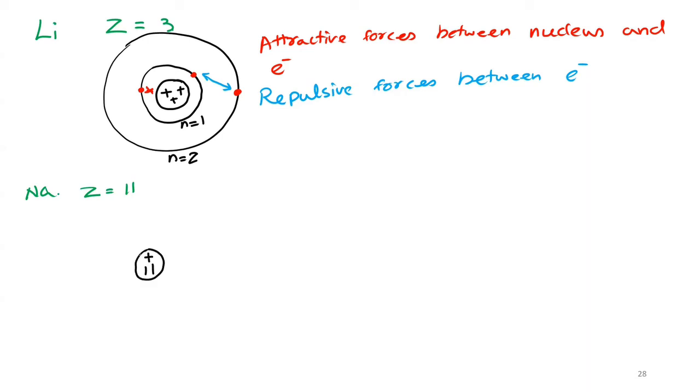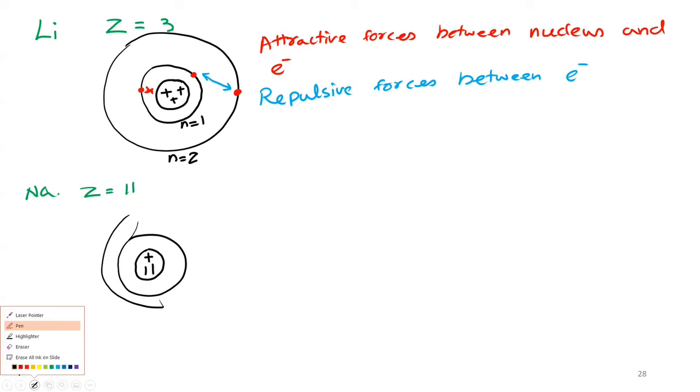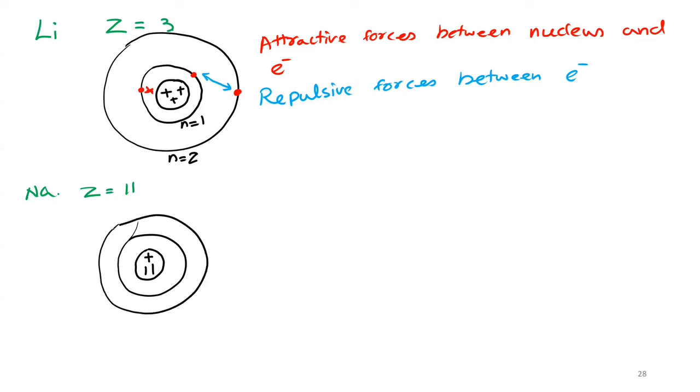And then sodium is in the third row, meaning it is going to have 3 levels. So this is n equals 1, n equals 2, and n equals 3.